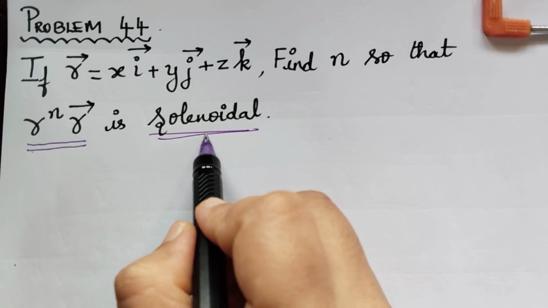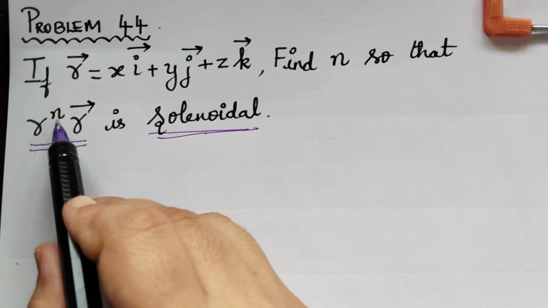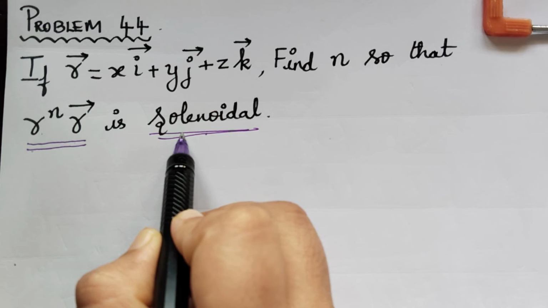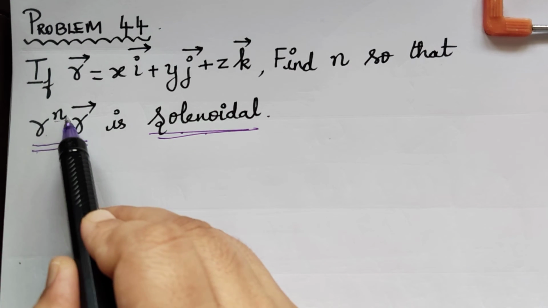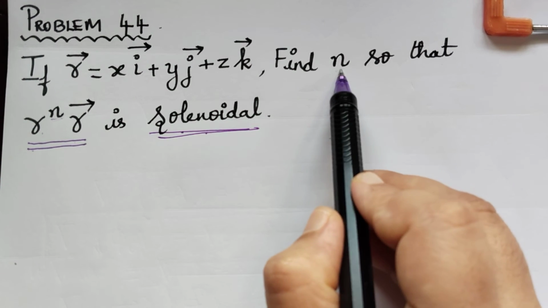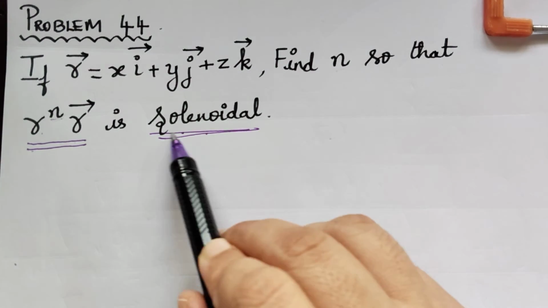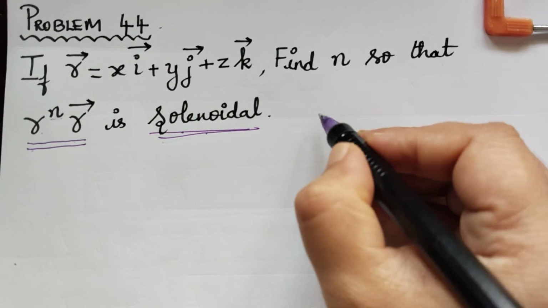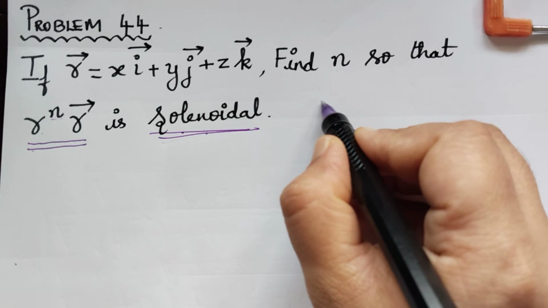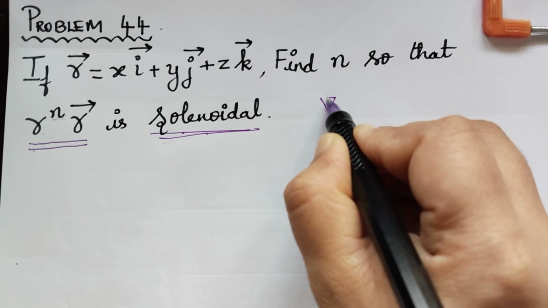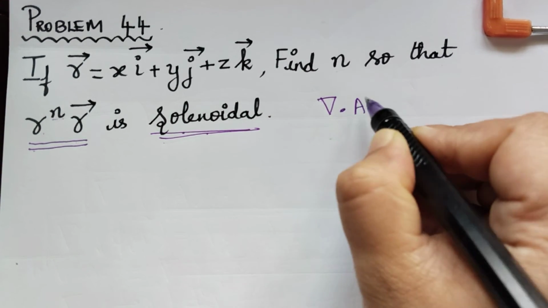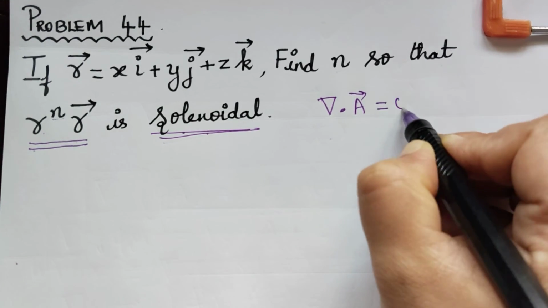So now it is given that r to the power n r vector is solenoidal. They are asking us to find the value of n over here. So in order to do that, first we should know what is solenoidal. A vector is said to be solenoidal if del dot A vector is equal to 0.